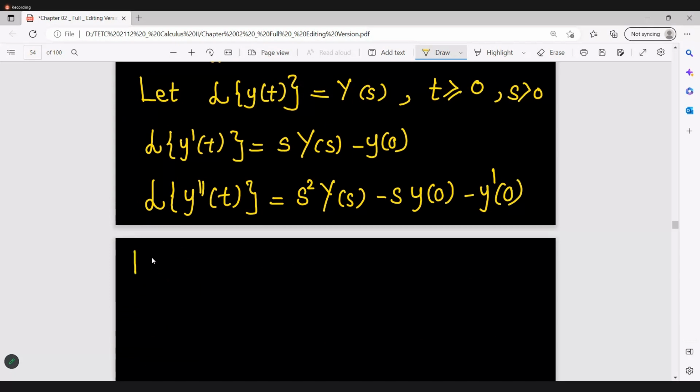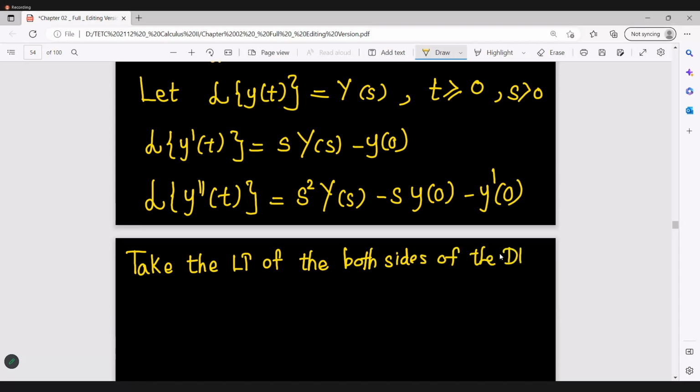So take the Laplace transform of both sides of the differential equation, the ordinary differential equation.